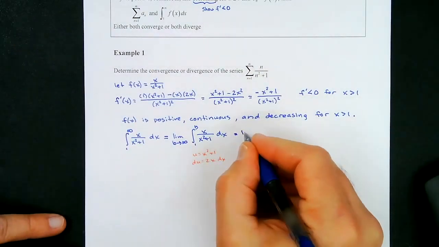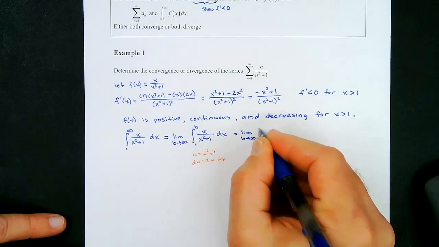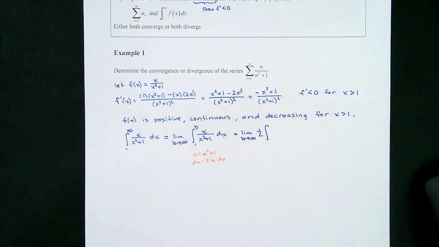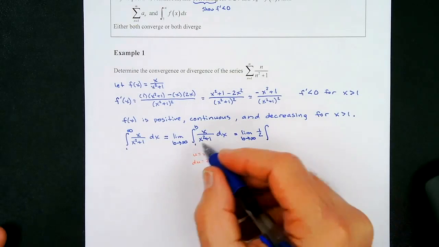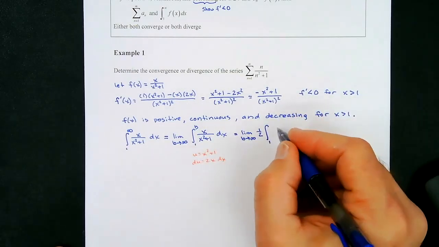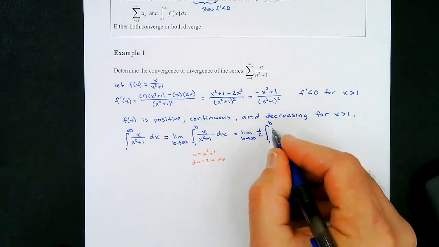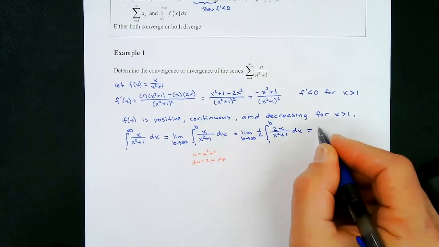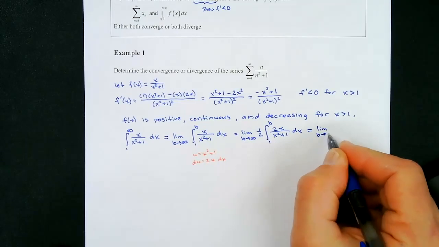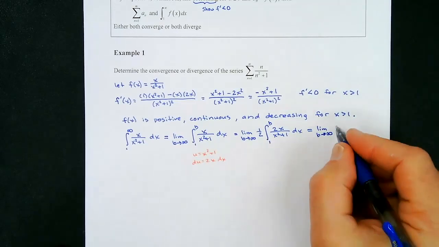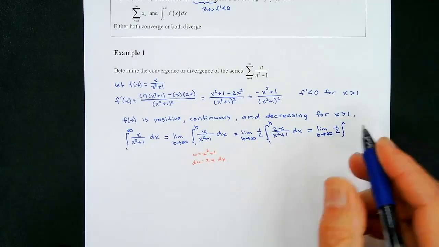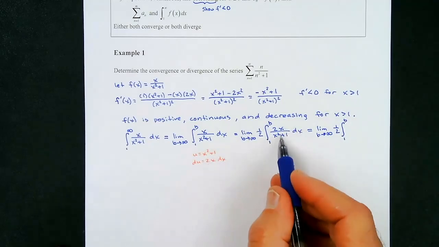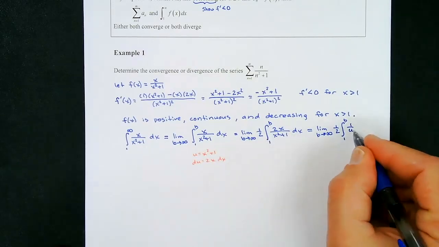So this is going to equal the limit as b approaches infinity of 1/2 the integral from 1 to b of 2x over x squared plus 1 dx, which is the limit as b approaches infinity of 1/2 the integral of 1 over u du.